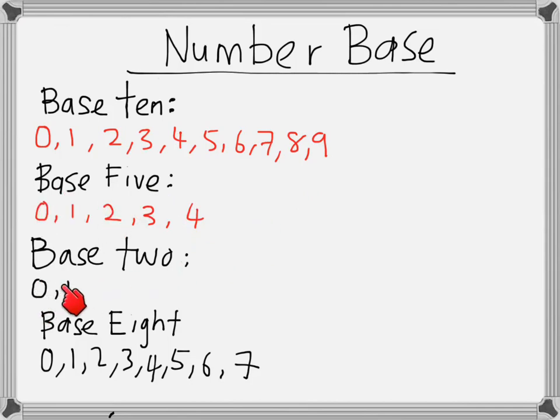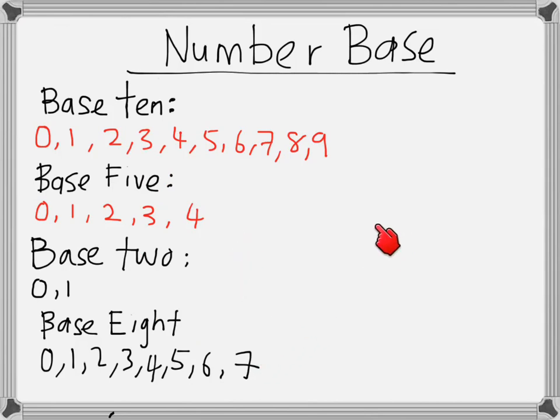In base 2, you can never see 2, you can only see 0 and 1. In base 8, you can never see 8 in the number, the maximum is 7. Base 2 maximum is 1, and base 5 maximum is 4. So this is the meaning of base 10, base 5, base 2, and base 8.